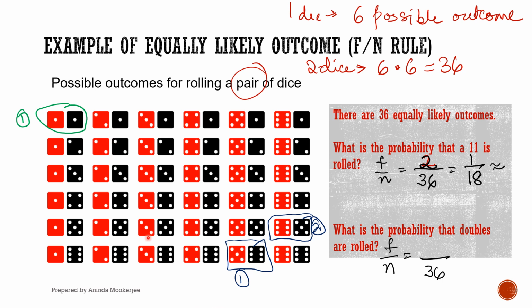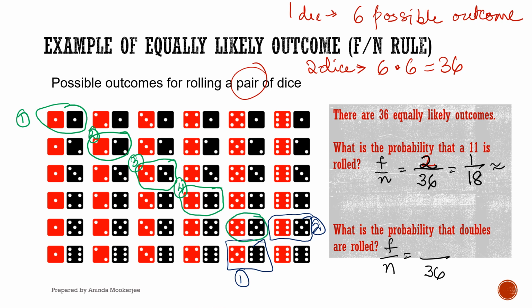It's 2 and 2. So that's another way we can get a double, right? So that's the second way. Then we have in the third column 3 and 3. That's the third way, 4 and 4. So we are going diagonally the way it's arranged. We will just move through it diagonally, as you can figure out. 4, then we have 5 and 5.